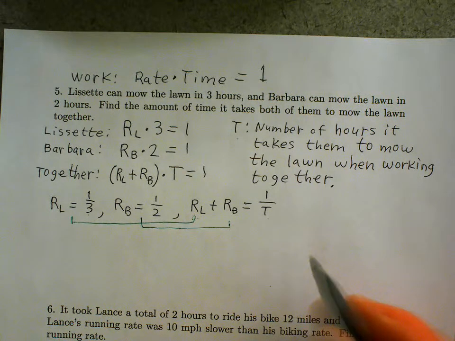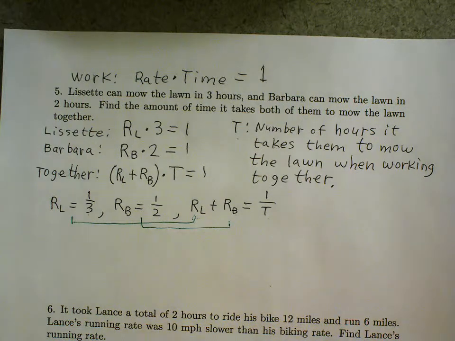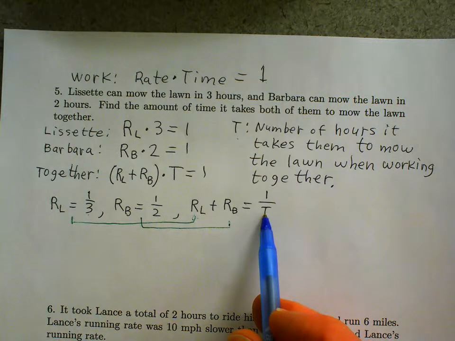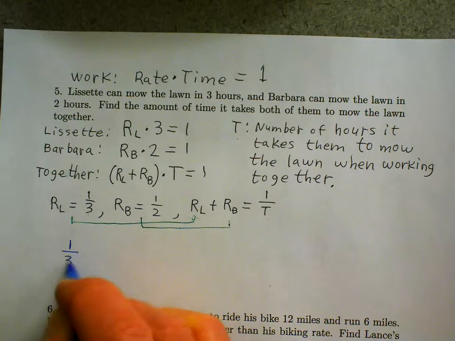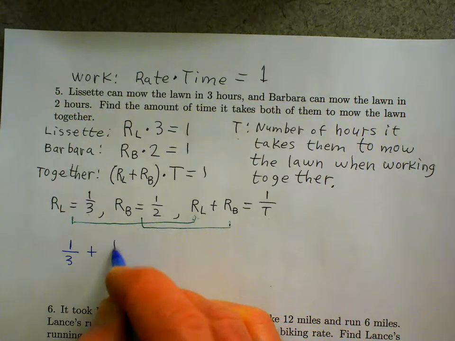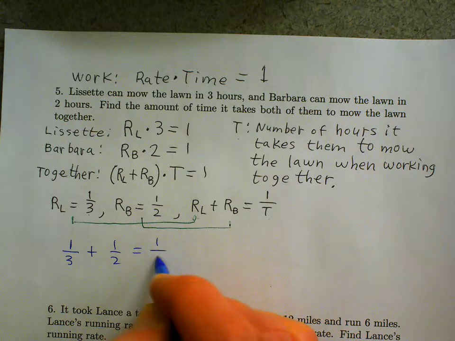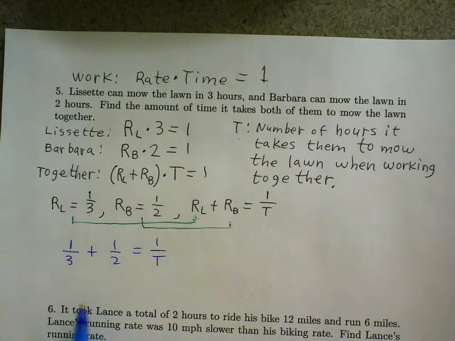So we'll get an equation whose only variable is T. So Lizette's rate plus Barb's rate equals 1/T. So now we have an equation whose only variable is T, and now we can solve for T.